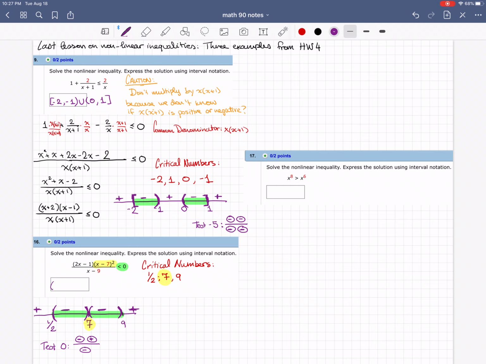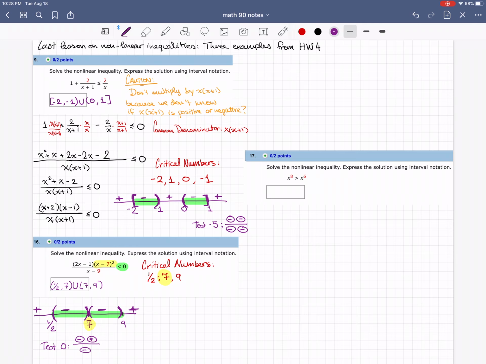Okay, so how do we write this in interval notation? We take the interval from 1/2 to 7, skipping both the 1/2 and the 7, and then the interval from 7 to 9, skipping both the 7 and the 9. In case you're wondering, skipping the 7 does not just mean you're starting at 8.